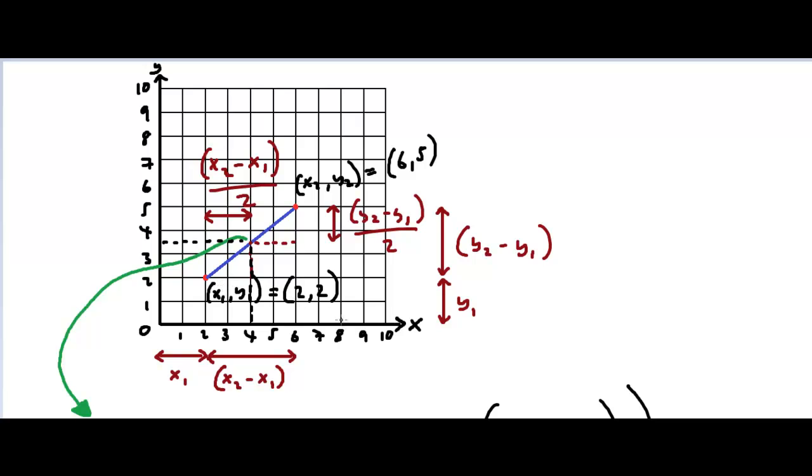And by looking at this diagram, you should also be able to notice that this length from y is 0 to y is 3.5 is actually y1 plus y2 minus y1 divided by 2.